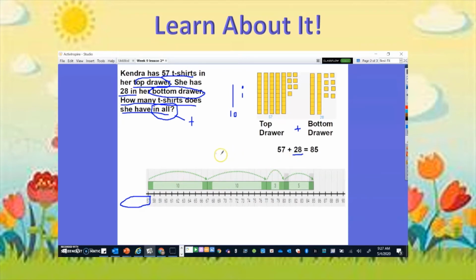Well, I'm going to break 28 down into easy ways for me. And the best way for me to break a number down is by grouping it in groups of 10. So I can say 28 is equal to 10 plus 10, because that gives me 20. And now I have 8 left over. Well, how can I break 8 down?